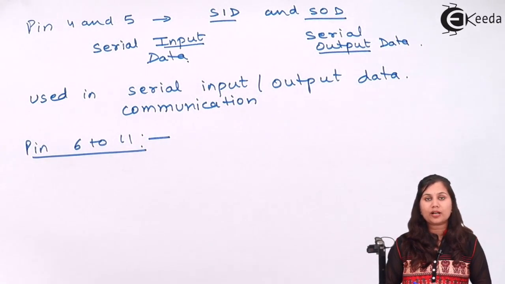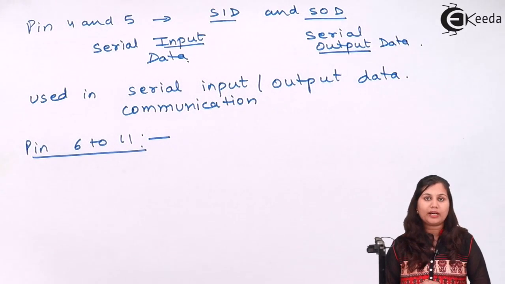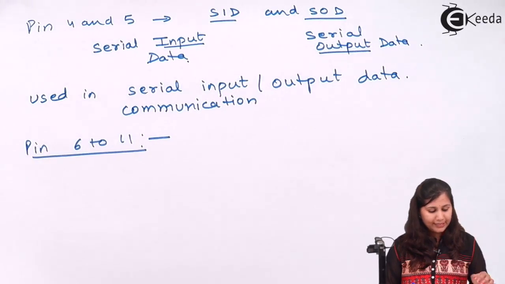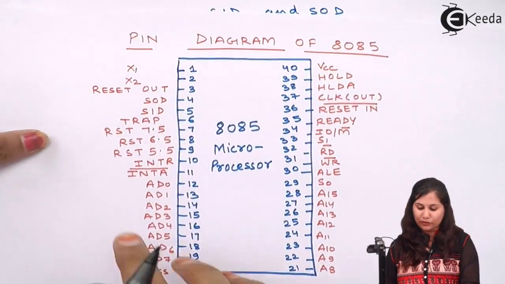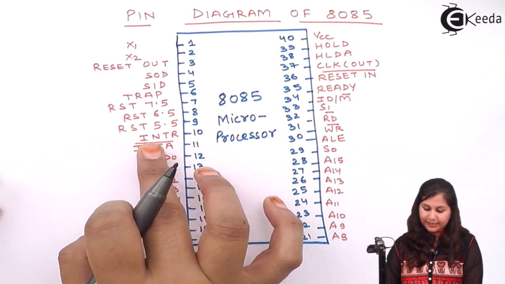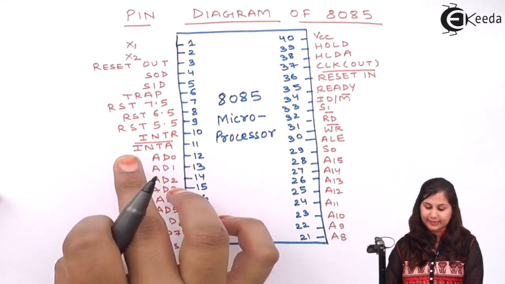So for interrupt controlling, these pins are used. TRAP, RST 7.5 to RST 5.5 and INTR. These are the various types of interrupts, trap and restart signals. And INTR is the interrupt request and INTA is the interrupt acknowledge signal.